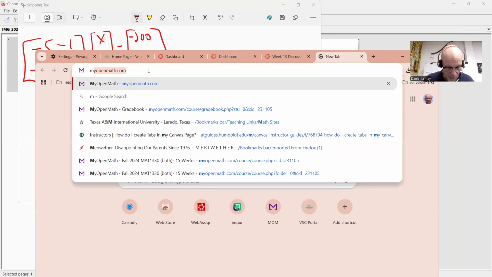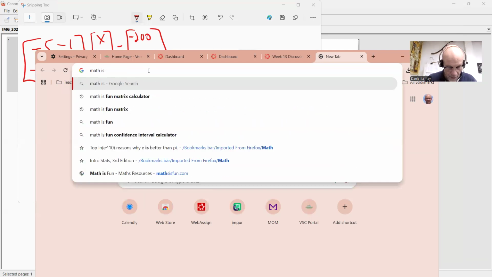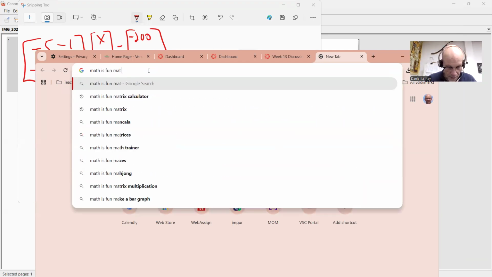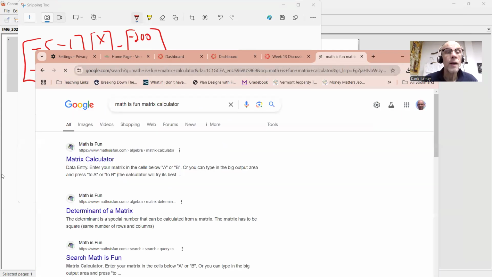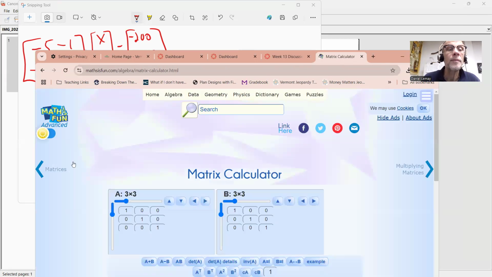So if I do Math is Fun, I think it's kind of a matrix calculator. I think this is it. Yeah. And oh, good, Zoom didn't lose what I wrote.